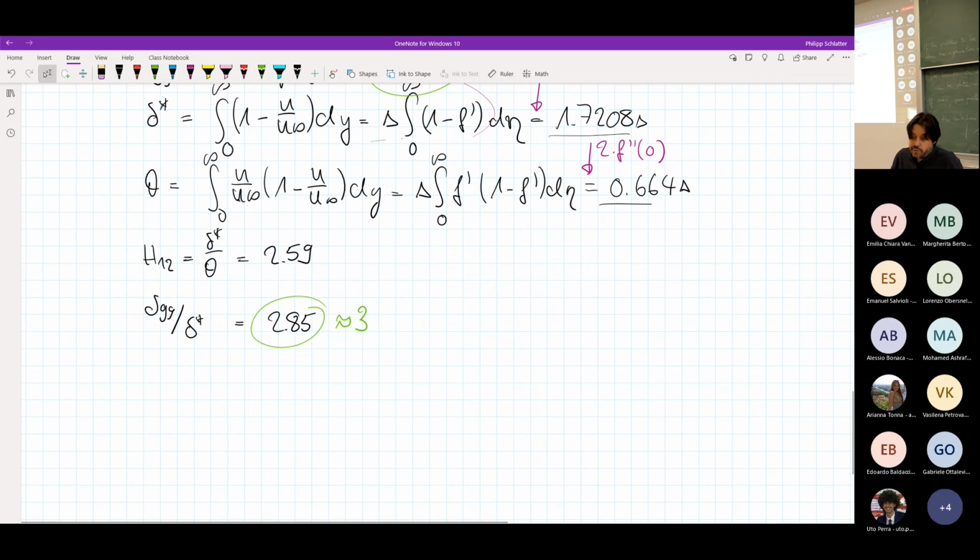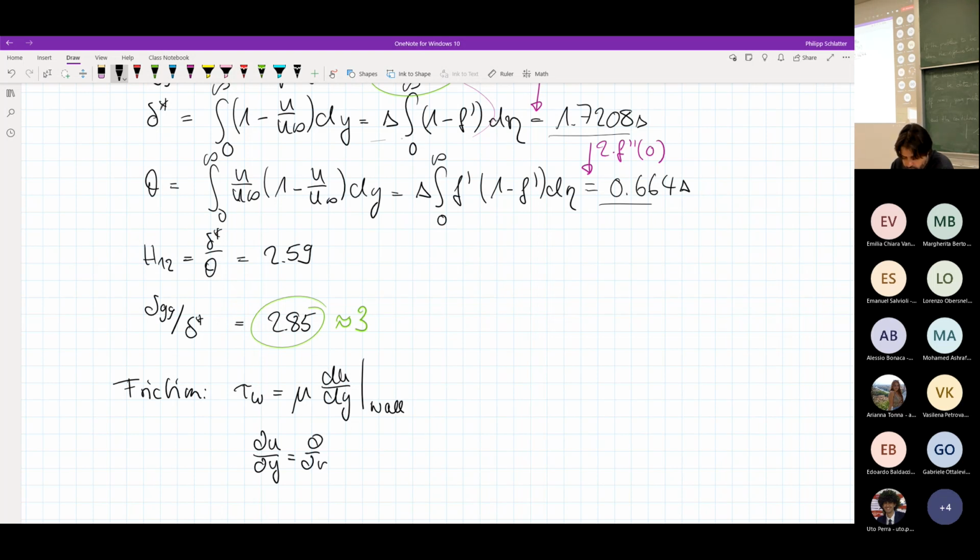And of course now, knowing the profile, this is actually not very difficult to calculate. The friction, tau W, the wall shear stress, is simply mu times du dy evaluated at the wall. And of course now with our profile, we actually know what that is. So du dy can be written as d dy of u infinity times f prime.